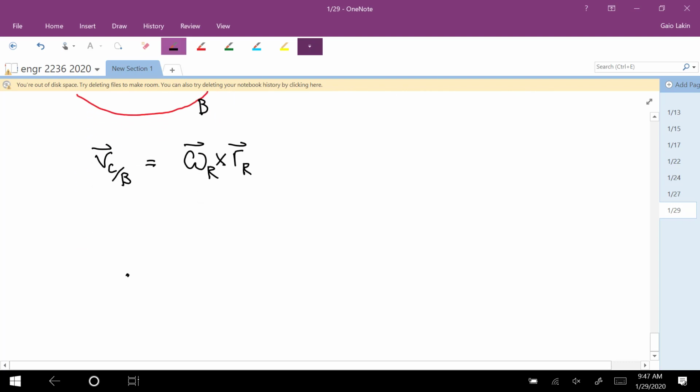So here's our B, here's our C. The circular motion of C has its center at B. So this is the R vector we want.